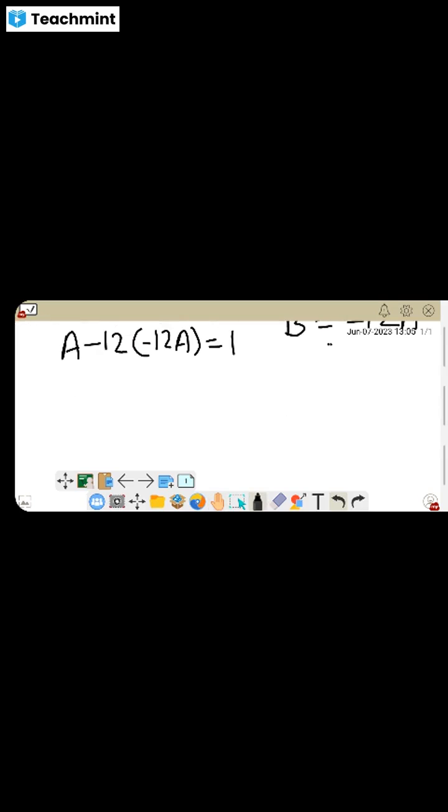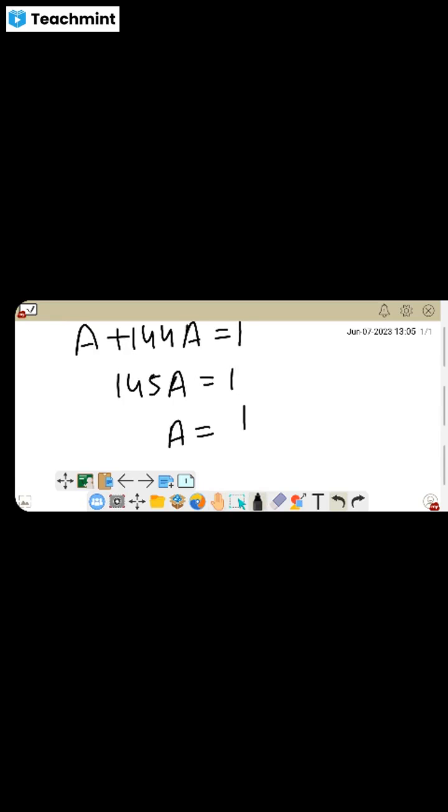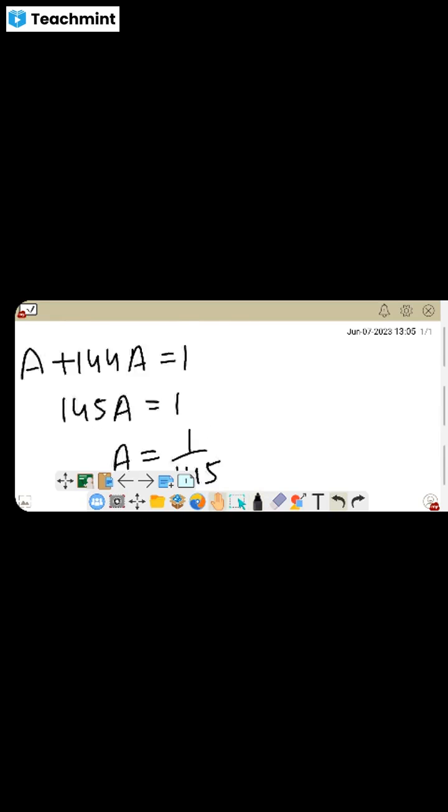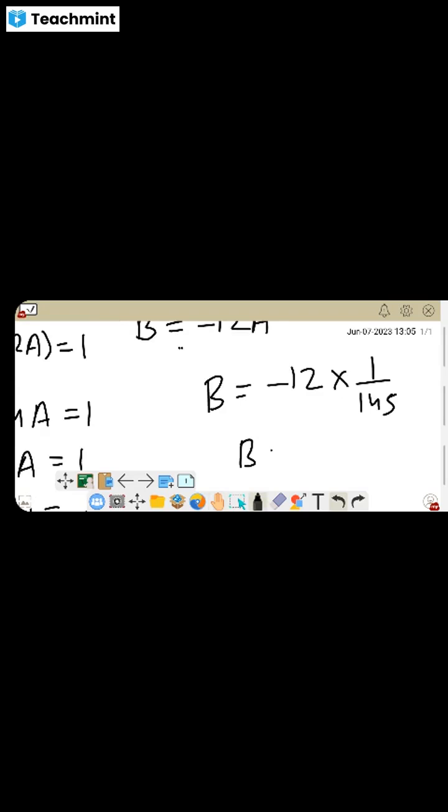So here we have a plus 144a is equal to 1, 145a is equal to 1, and a is 1 upon 145. Now put the value of a in this equation. So we have minus 12 and the value 1 upon 145, and so b is equal to minus 12 over 145.